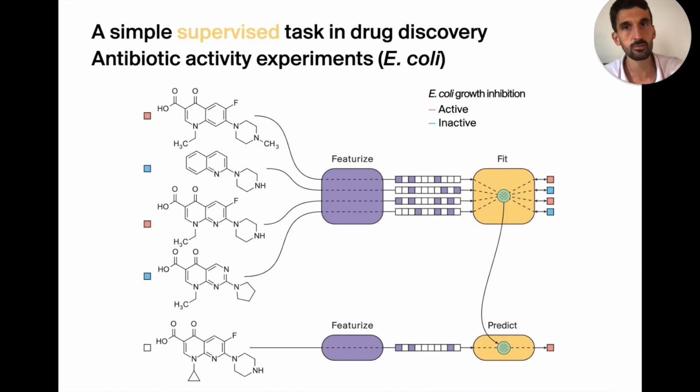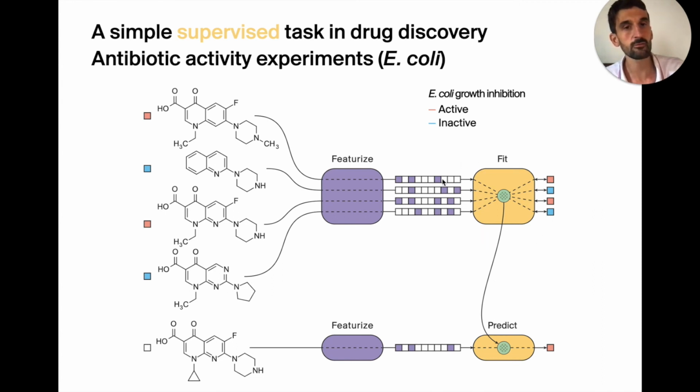So let me go back to my favorite supervised drug discovery task. To summarize, from our laboratory experiments, we have different molecules that we have labeled as active or inactive. We can featurize these molecules into a numerical vector, each of them, that the computer can understand, and on top of that we can fit a model, typically in this case a classifier, for instance a random forest classifier, as I presented before.